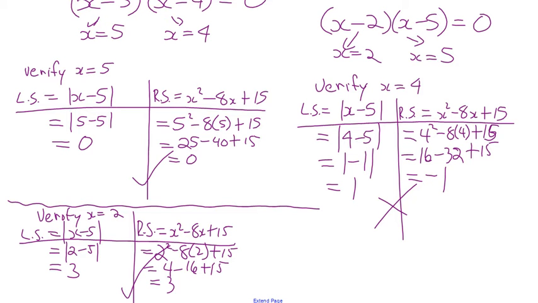There's another way to verify graphically, which is to put it all on one side: the absolute value of x minus 5 minus this, and then look for the zeros. But you'll get really weird looking stuff. If you graph these separately, you know what they look like: a V shape and a parabola, and I'm just looking for where they intersect. If you graph it as one equation, you get something that does this and then drops down through, and it doesn't look anything like either of those.